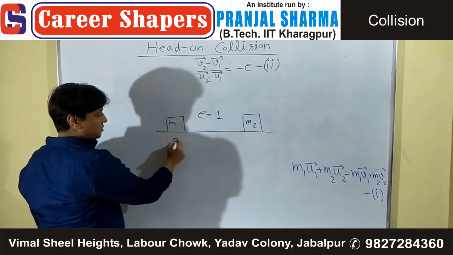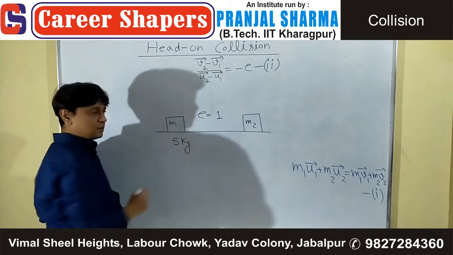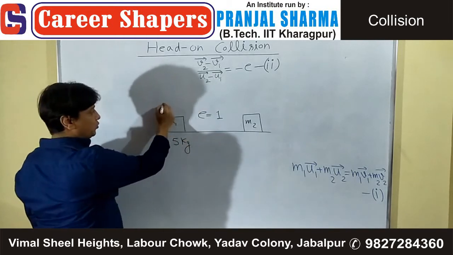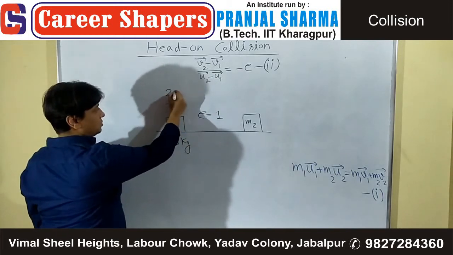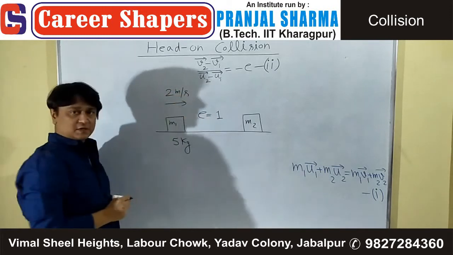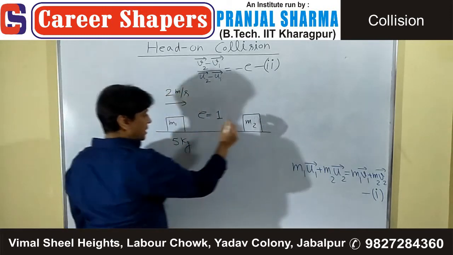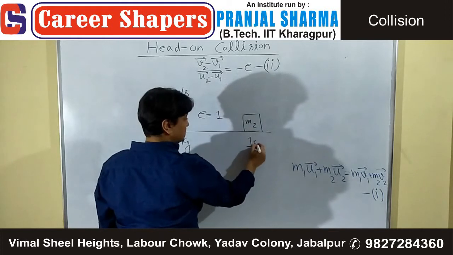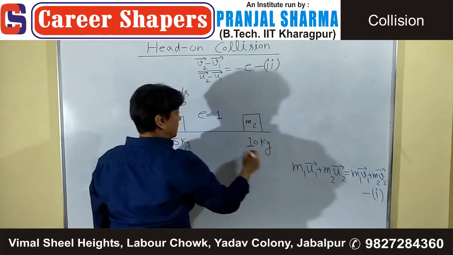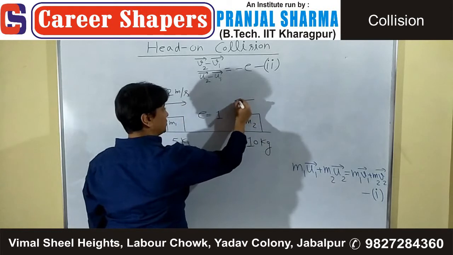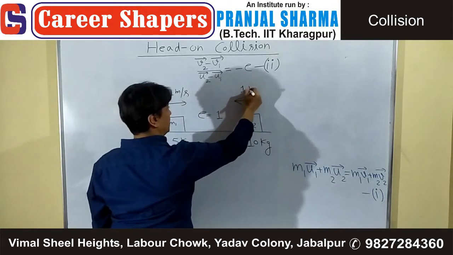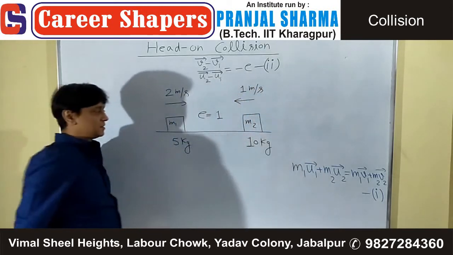M1 is 5 kg and it's moving in this direction with 2 meters per second. M2 is 10 kg and it's moving in this direction with 1 meter per second.